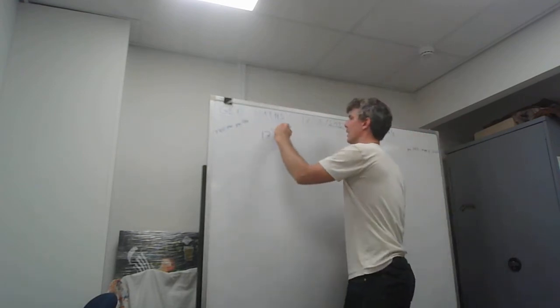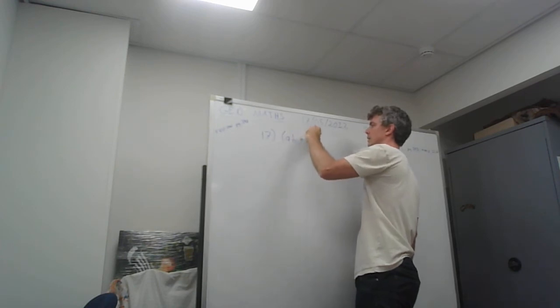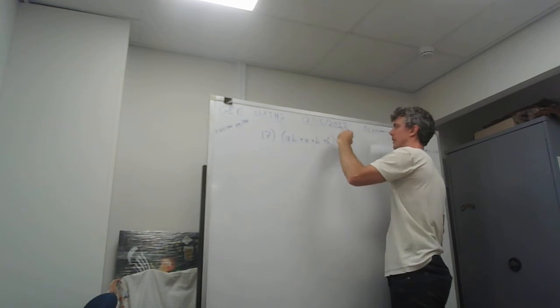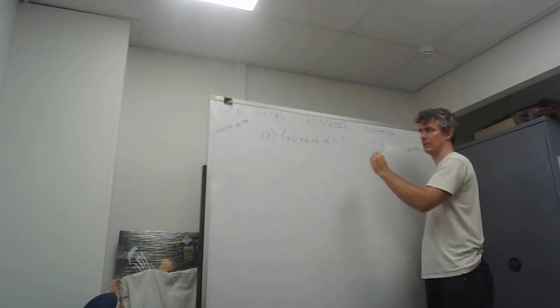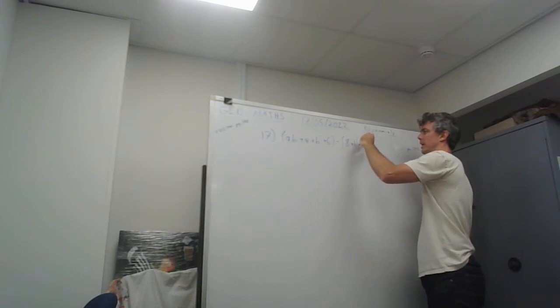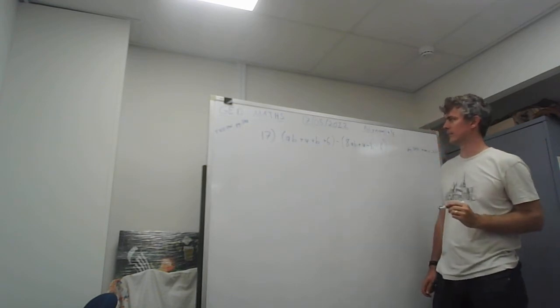So it's AB plus A plus B plus 6, bracket, minus 8AB plus A minus B minus 6. Alright.